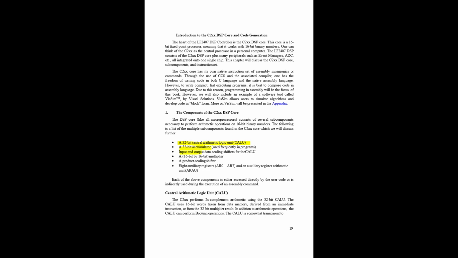And then input shifter, output shifter, all those things you have seen in the architecture. A 16 cross 16 multiplier also is there. And a product scaling shifter is only for the purpose of shifting the content from the multiplier. And then AR0 to AR7, various auxiliary registers are there for indirect addressing. That also I have explained when explaining the architecture.